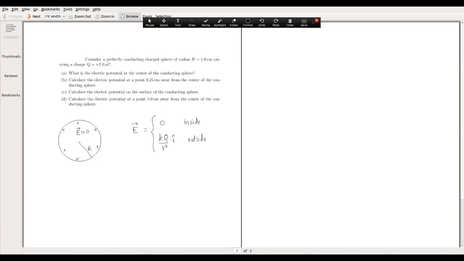That means to say that the electric field is related to the force. So the force acting on another charge q would also be equal to zero inside. It is zero inside, and outside it is k times small q times capital Q over r squared.